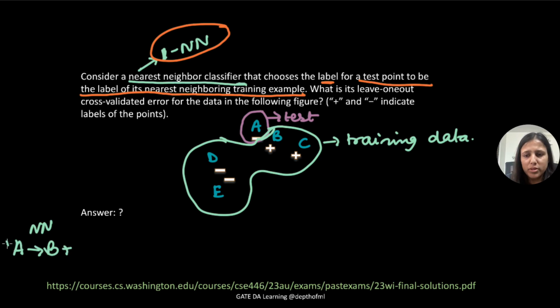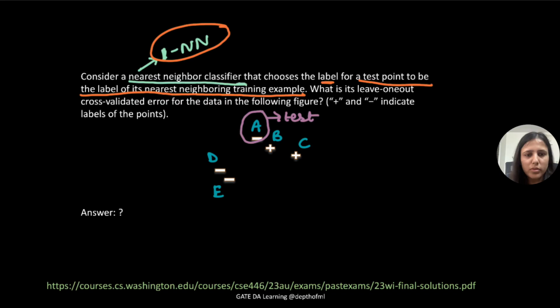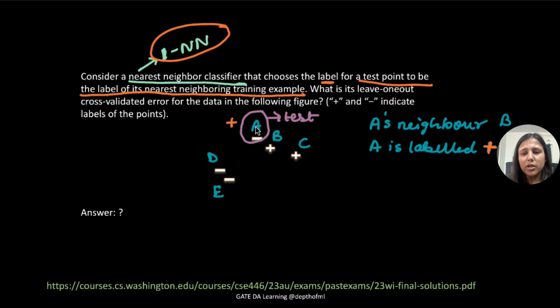We will label A as positive. But the actual label of A is negative, so A is not labeled correctly. Fine. Now let's come to B as the test point.